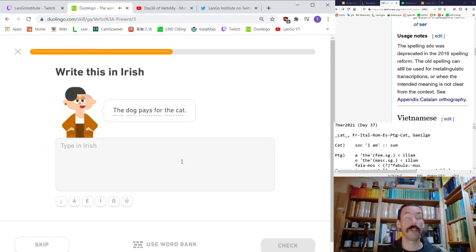The dog pays for the cat. What's this verb? Íocann. That comes first in the sentence. An madra. For the cat. So a preposition, which one? Don chat. I think it's going to be, buddy. Speak of the devil.